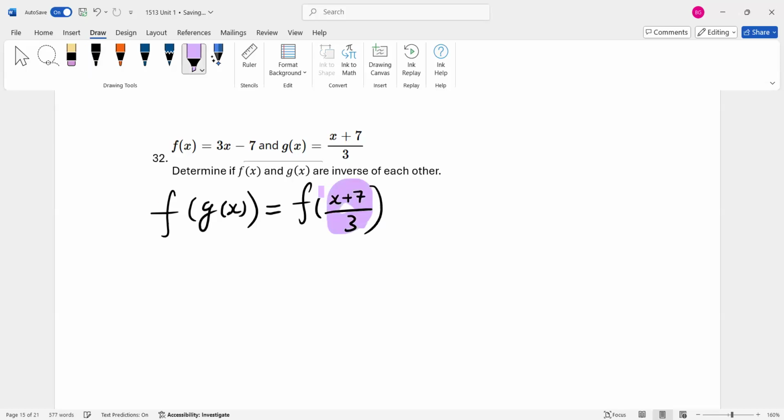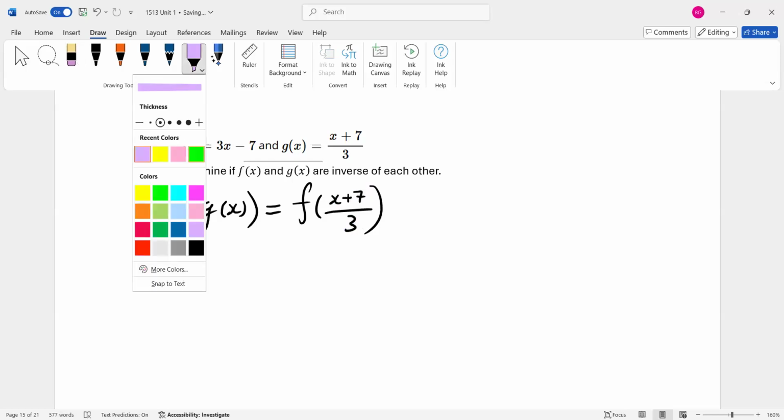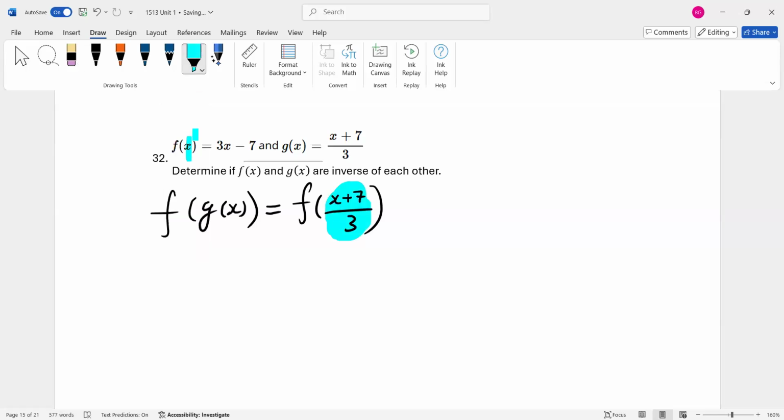And this blue is the input. For function f, if the input is blue, the output would be triple of the blue minus 7.